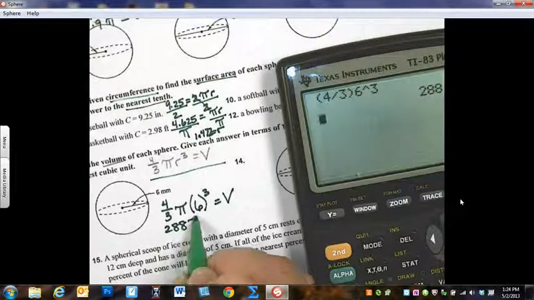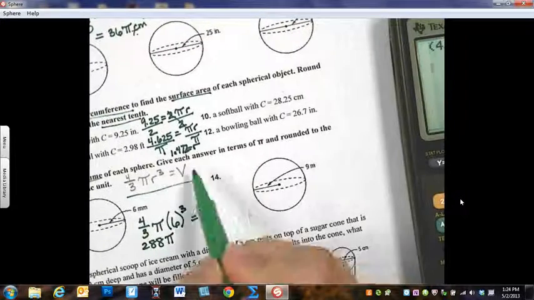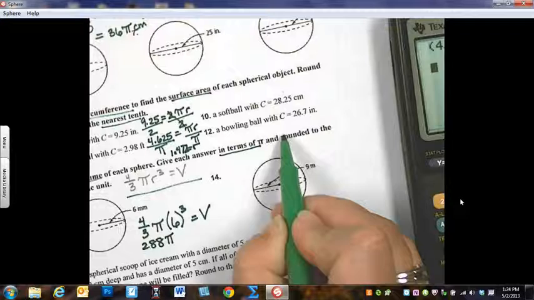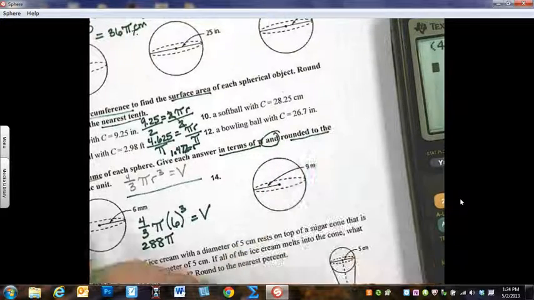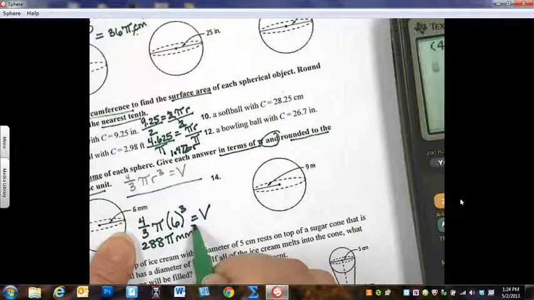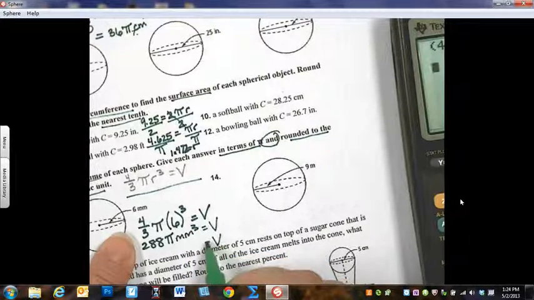288 pi. Now, they want it in both ways. They want it in terms of pi and rounded to the nearest cubic unit. So we're going to have to give them this, and it's in millimeters cubed, but they also want me to give them the other answer.